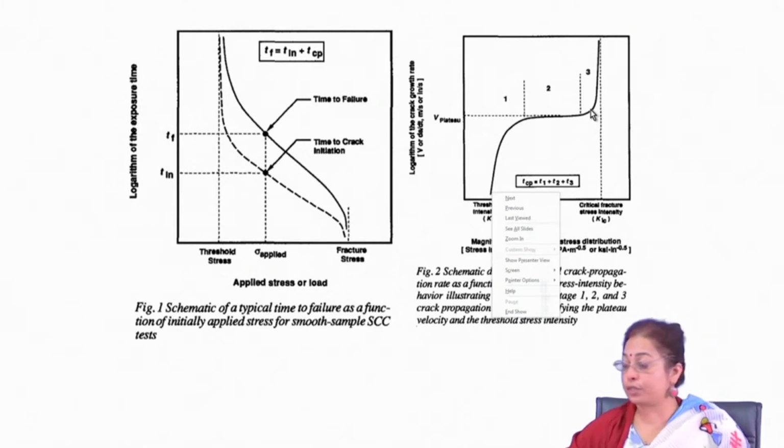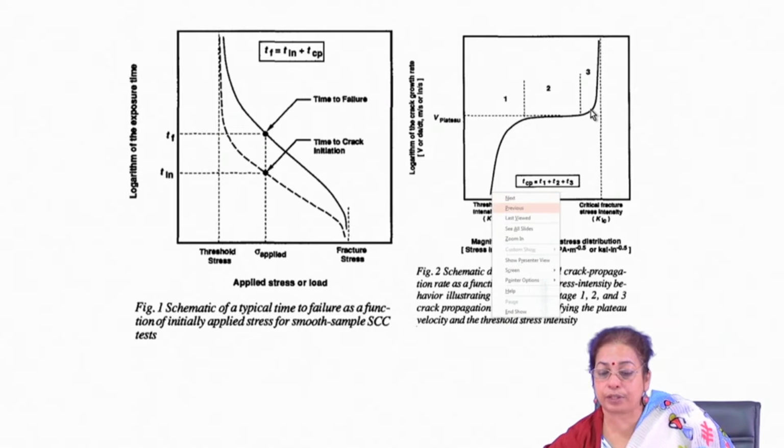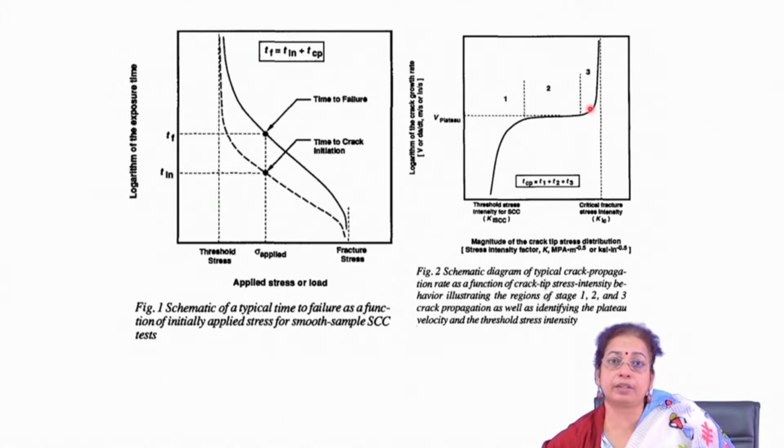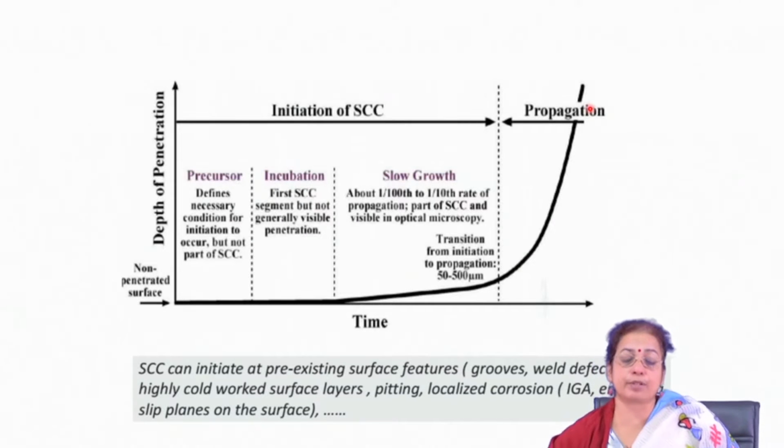As a result, there is rapid failure of the component. So, it is very important to know the film dissolution rate, or film rupture rate, and also the formation rate under a specific stress condition.